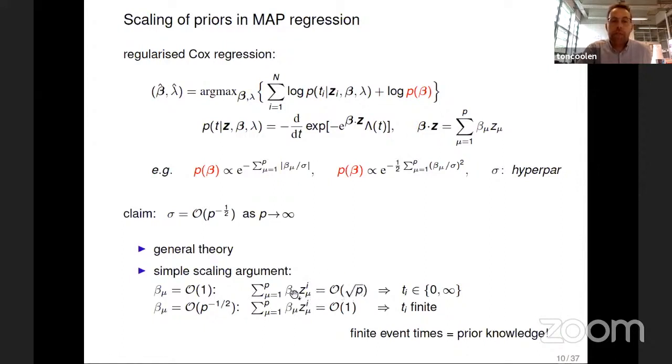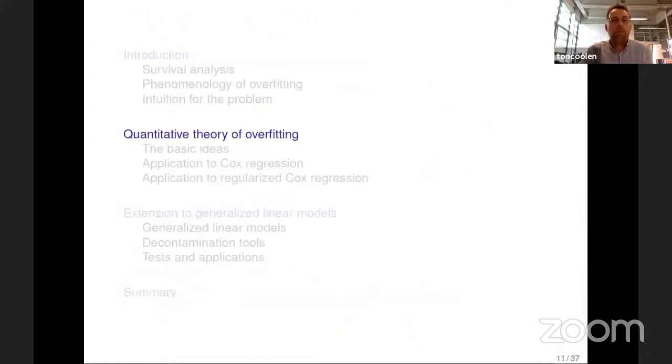So for large p, a sum like this would diverge to plus or minus infinity, and that means in the context of the present models that all your observed event times would either be 0 or infinity. The very fact that we know that we have finite event times in our data set means that these dot products have to be order 1, and that means in turn that the betas have to effectively scale as 1 over square root n. So one cannot assume that these hyperparameters are independent of p, not in the overfitting regime.